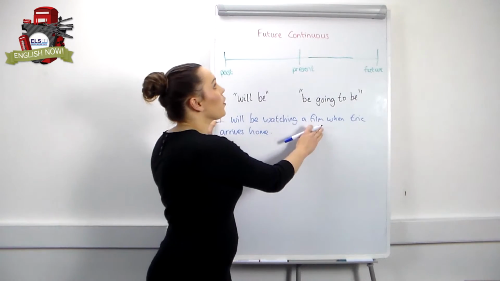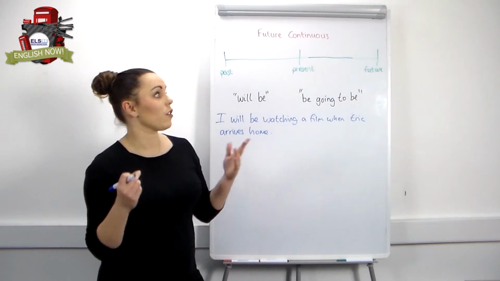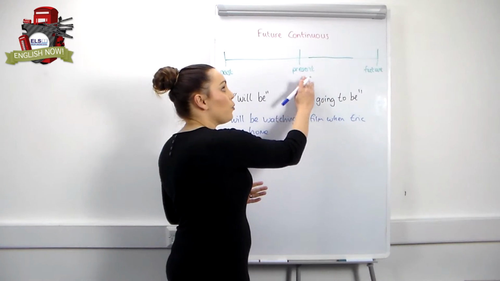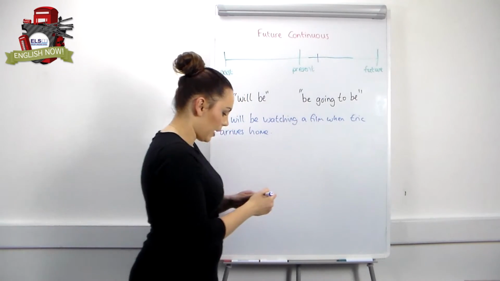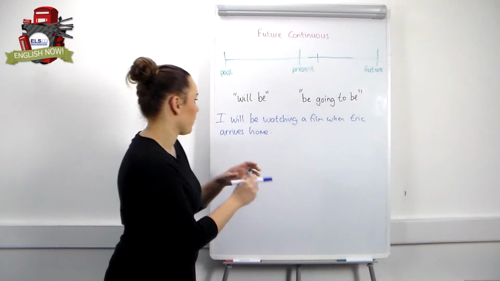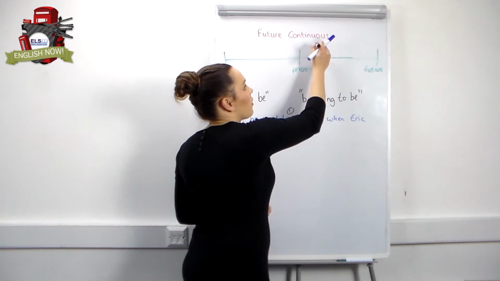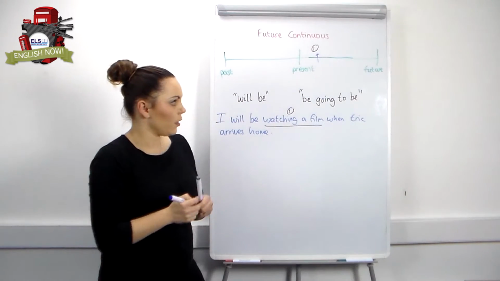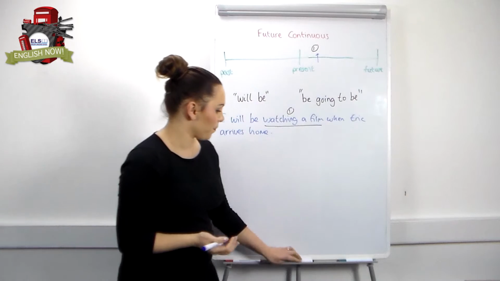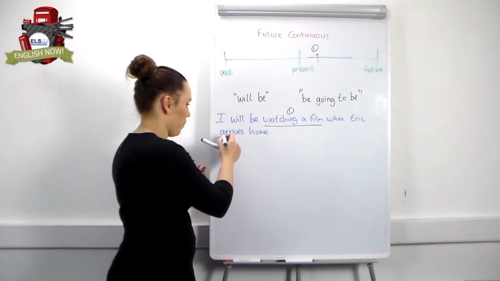The first action is in the future continuous, and this is the longer action that starts first. It must start at some time in the future. So let's say that this action here, the watching a film, is action 1. So it starts on our blue line. The second action is Eric arrives home.